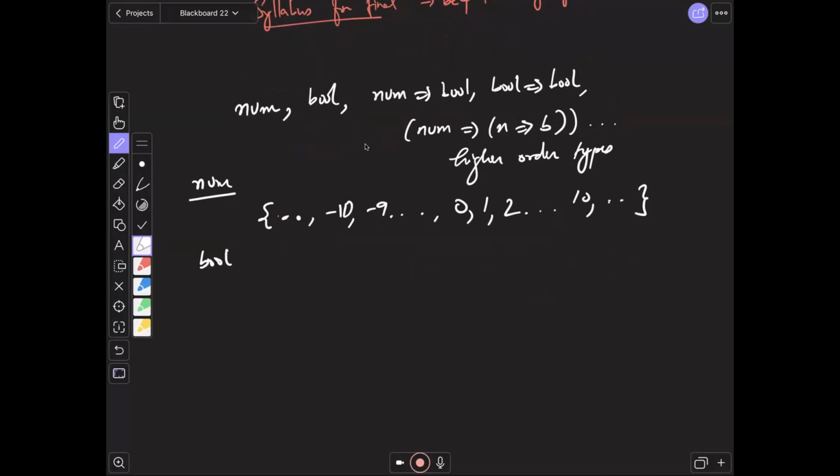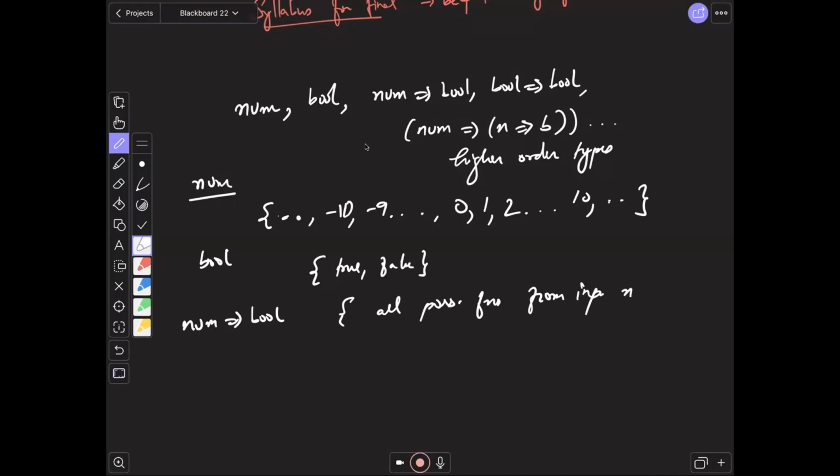For type bool, we said we had the value true or false. Similarly, num arrow bool is the set of all possible functions from input num that output a bool. There are too many to write down, so I'm not going to write it down.